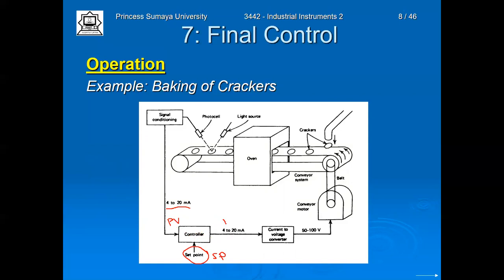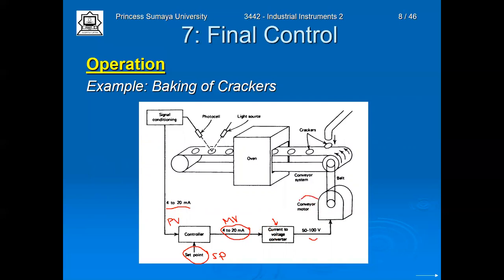And this is usually called the MV value, manipulated variable, out of the controller. And here this is the converter that converts the signal to voltage, and this voltage will change the speed of the conveyor motor.